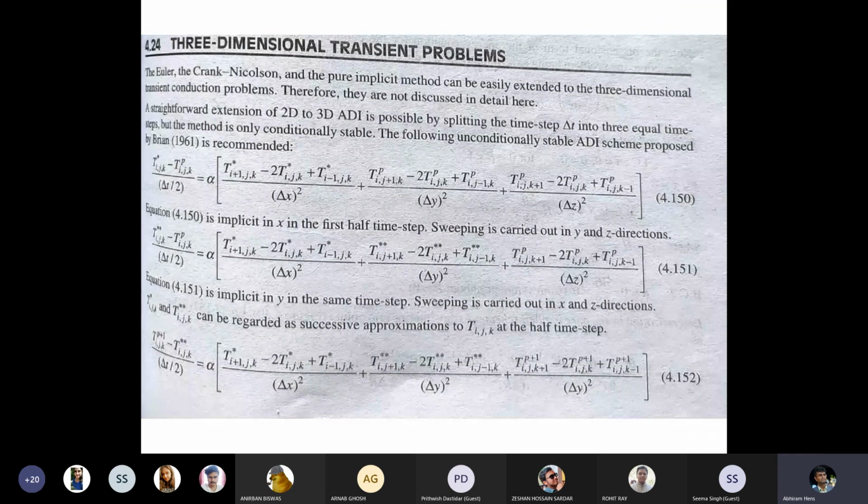Now this is the 3D form. Okay, so this is from 2D to 3D. This is one equation, this is another equation. There are some other schemes also, like the ADI scheme, alternating direction implicit scheme.